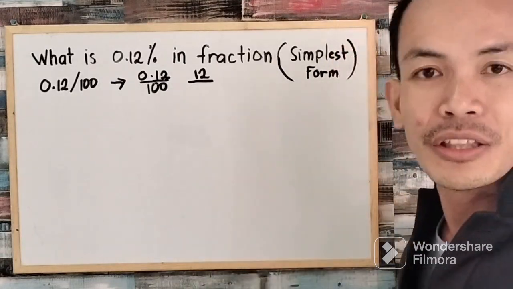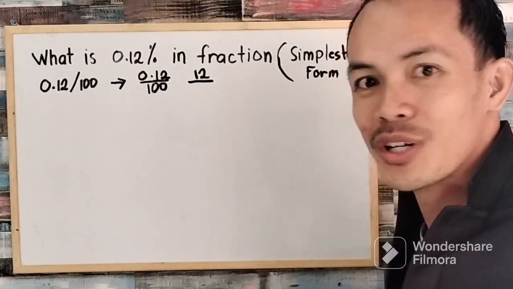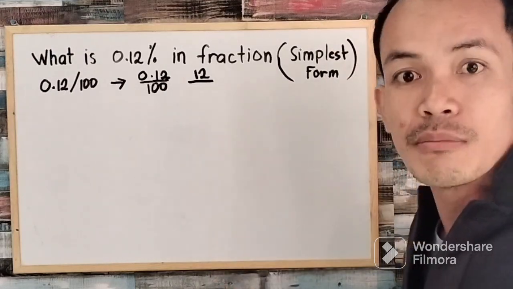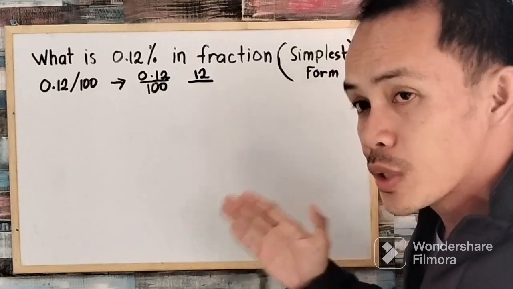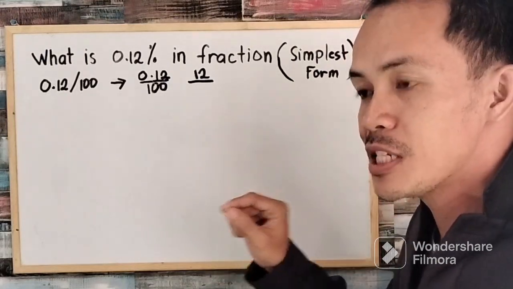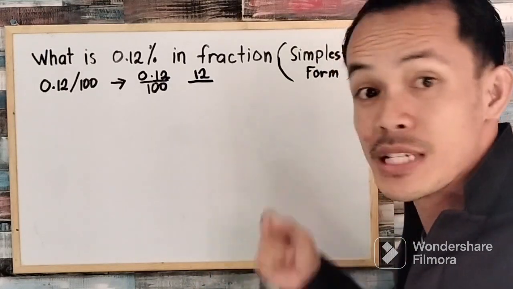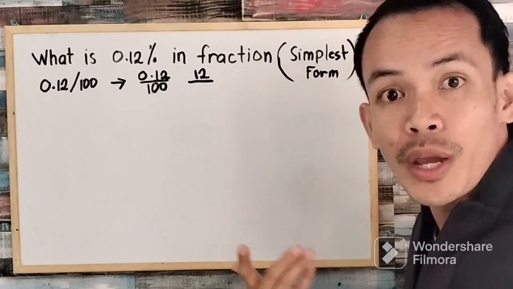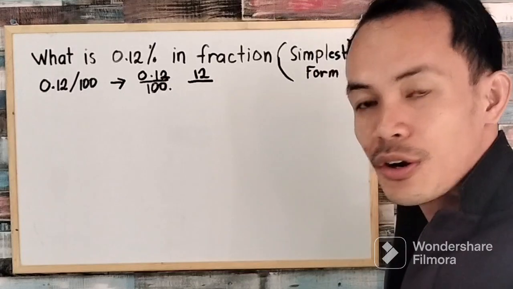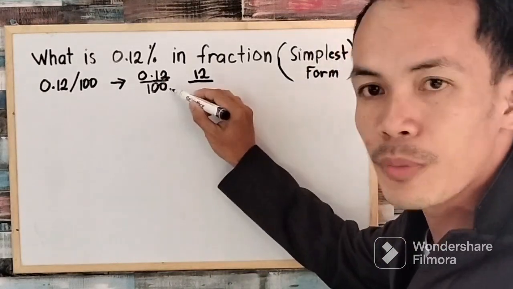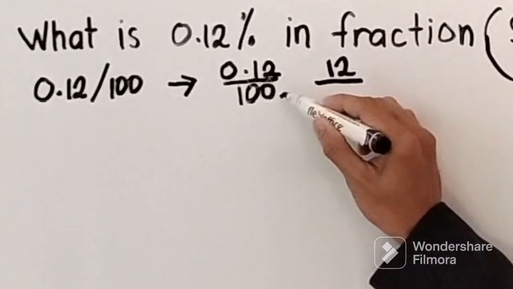But the denominator there is 100, right? So there is no decimal point. Actually, in 100, there is a decimal point there, which is invisible. Hindi sa makikita. Where? Right after the 0. Right? Okay, so we will just move that decimal point 2 times to the right.